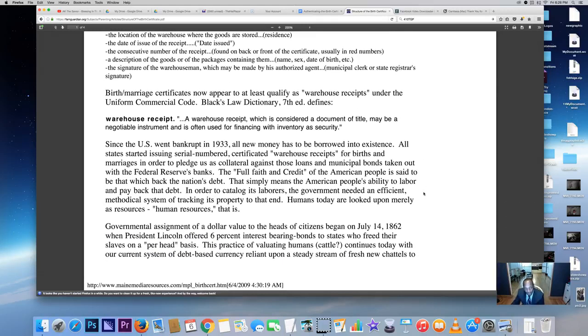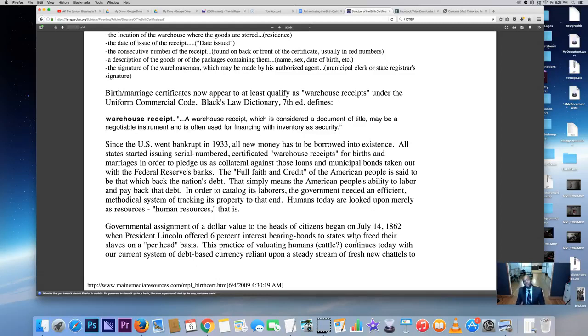Okay. Since the U.S. went bankrupt in 1933, all new money has been borrowed into existence. Remember, you see on the dollar bill and on the money that we use, it is backed by the full faith and credit of the American people. What is faith?